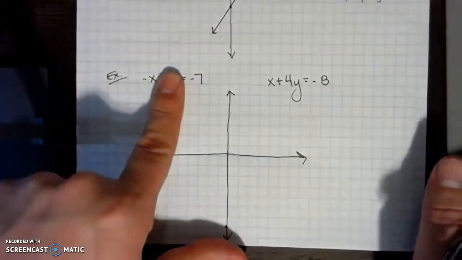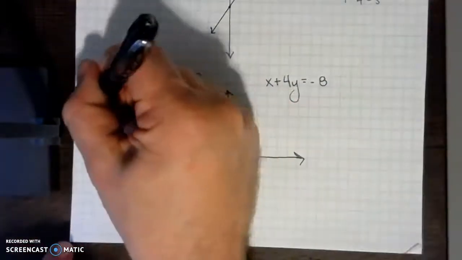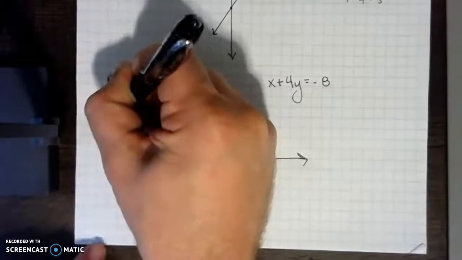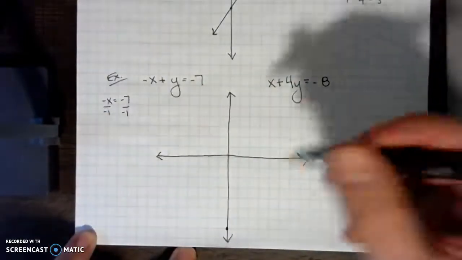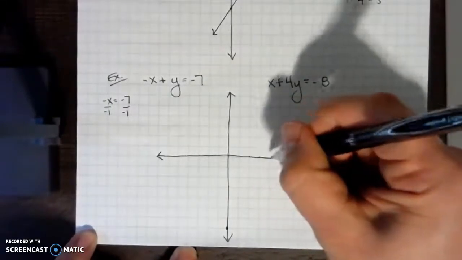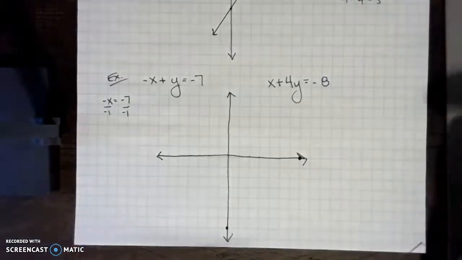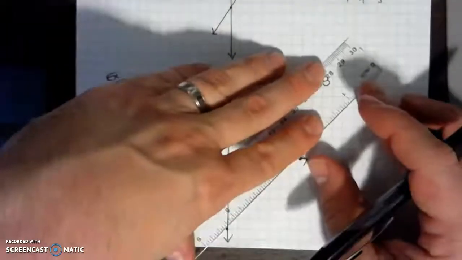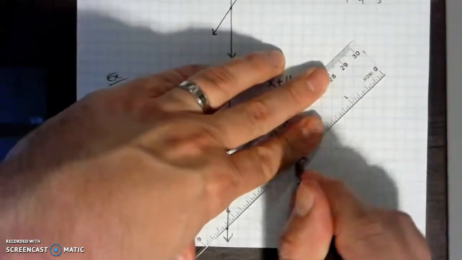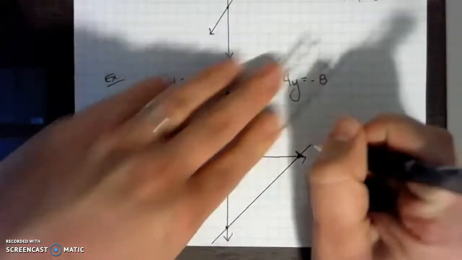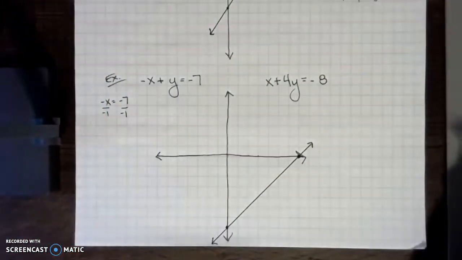It disappears, and I get negative x equals negative 7. So divide by negative 1, and my x-intercept is at positive 7. 1, 2, 3, 4, 5, 6, 7. There's 2 points, so I can draw a line through it.